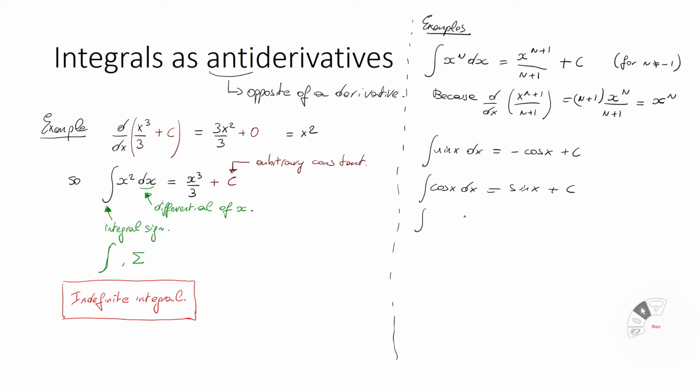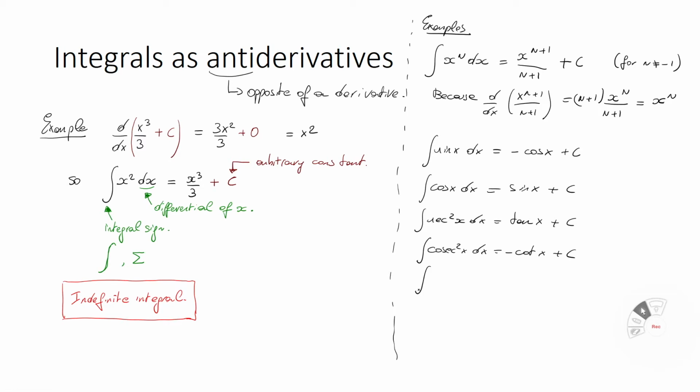And we can continue with some more trigonometric functions. The integral of the secant squared function is the tan function plus a constant, always plus a constant. The integral of cosecant squared x is the negative of the cotangent.